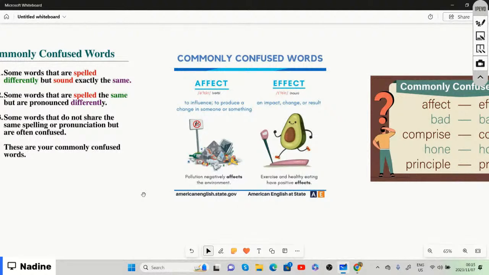It's like one letter difference, and a lot of people, even adults, confuse these words, whether in meaning, in writing, or even in conversation.